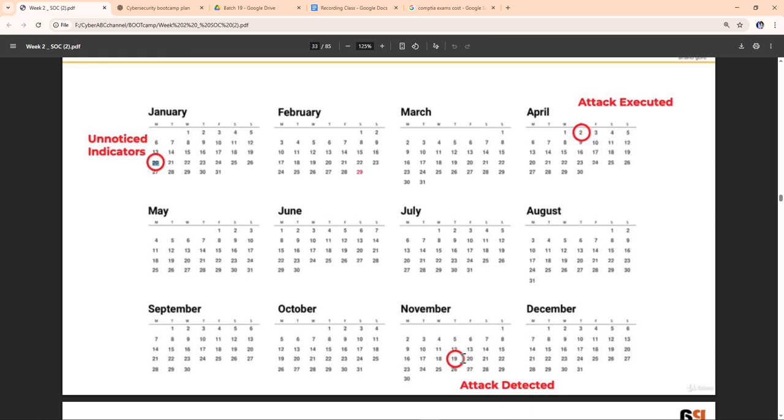Even when it was finally detected, the company was not the one that detected it. It was an outsider. So this was the state of industries and companies before SOC came in.